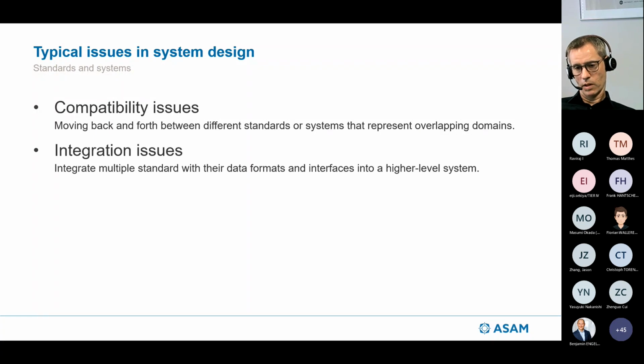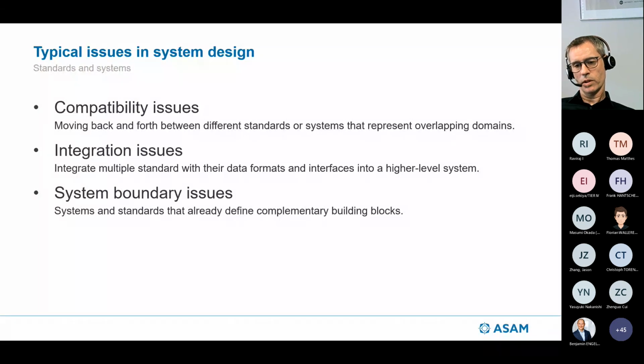We have integration issues. This is the case like the picture before, when we integrate multiple standards and systems with their data formats and interfaces into a higher level system, which means we want to make use of different standards and integrate them together.